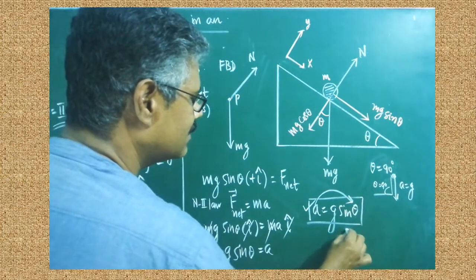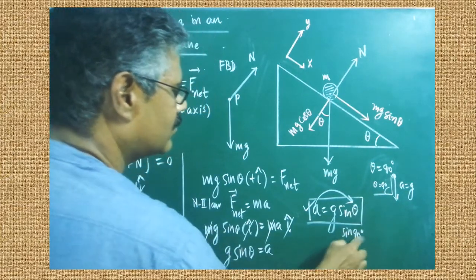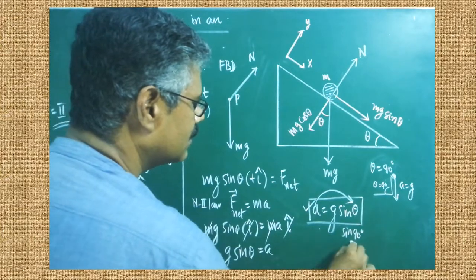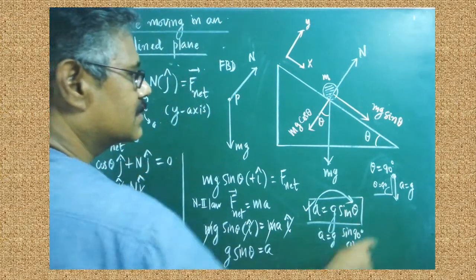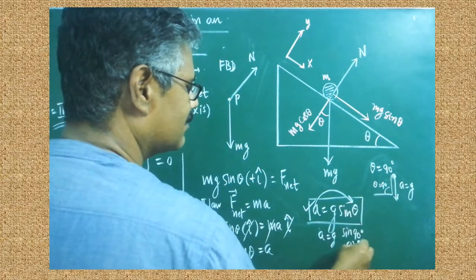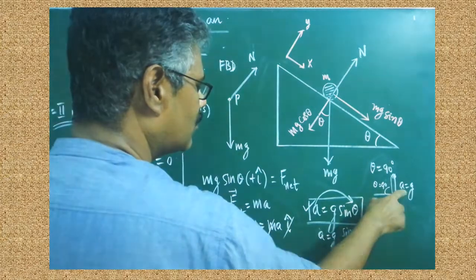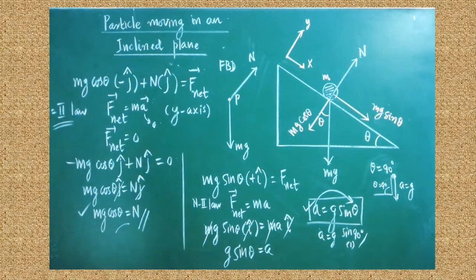Substitute here: if the angle of inclination is 90, sin 90 is equal to 1. Therefore if the factor becomes 1, a becomes equal to g. So it is clear, the acceleration is purely because of the gravitational force. The maximum amount of gravitational force will be acting here. Okay, so the expression for acceleration is calculated.